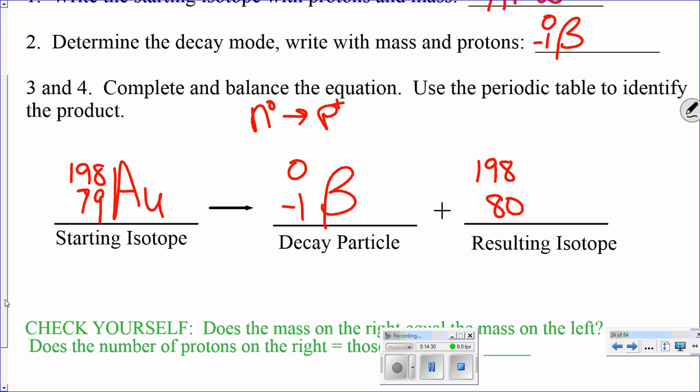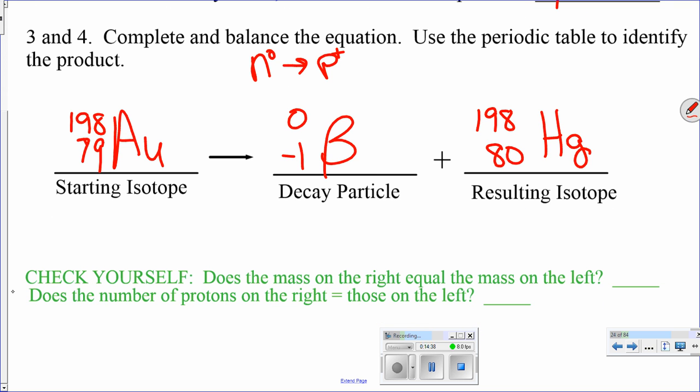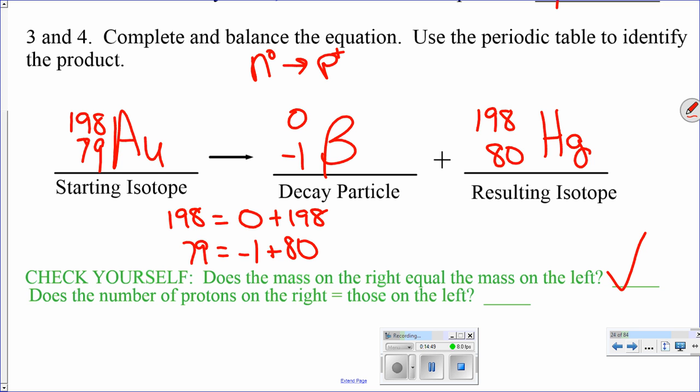So that negative does throw people off, so just be cautious. Element 80, we go to the periodic table, is mercury. If your gold turns into mercury, that's a bummer, dude. So on the top, we have 198 equals 0 plus 198. Balanced. On the bottom, we have 79 equals -1 plus 80. Balanced.